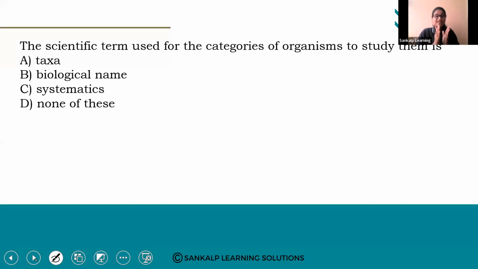Next question, the scientific term used for the categories of organisms to study them is: taxa, biological name, systematics, none of these. Which scientific term do we use for categories of organisms to study them? That category is called what?